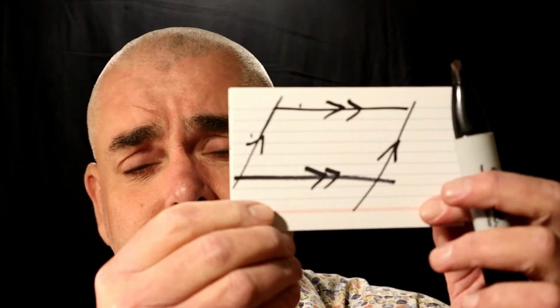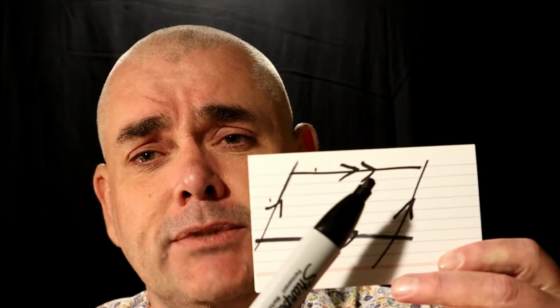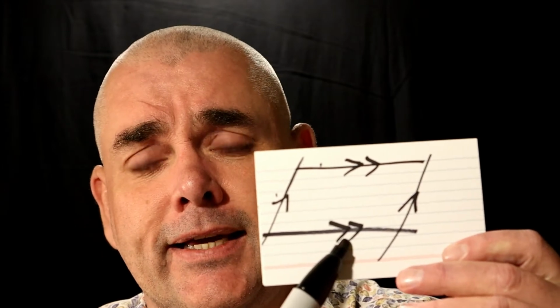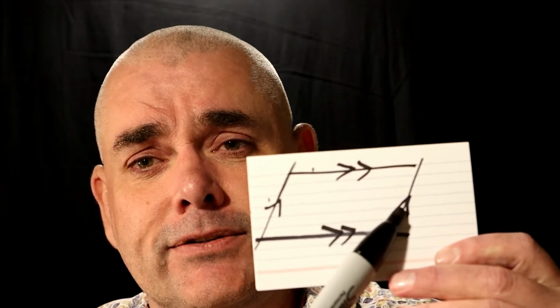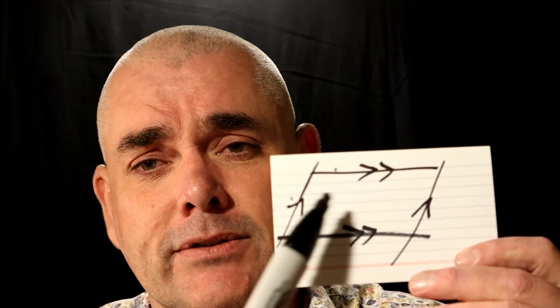And that's important because what we've got here, and I'll hold the card up because there's a few other things we need to learn here. We need to look at the shapes now, and I've replaced those ticks with arrows. And those arrows, when you see them, they mean that those lines are parallel to each other.